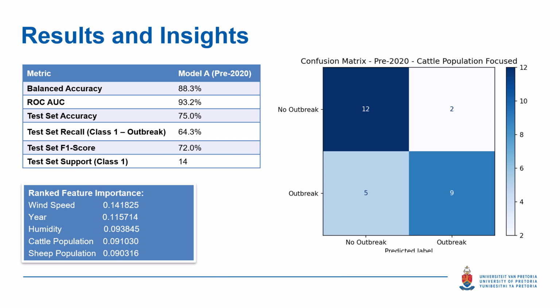The first model, pre-2020, brought the results that we see on the screen. We used a random forest classifier to help us identify the top important features, and the results, for example, were wind speed and humidity.